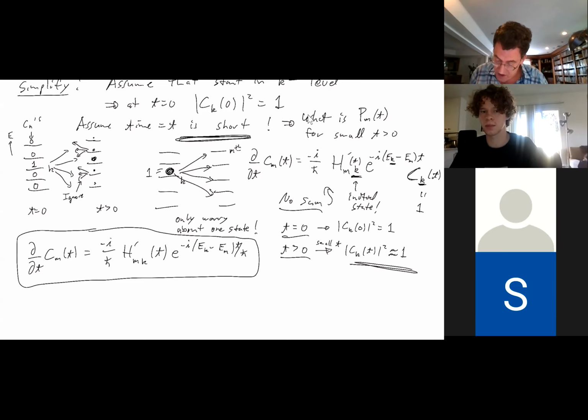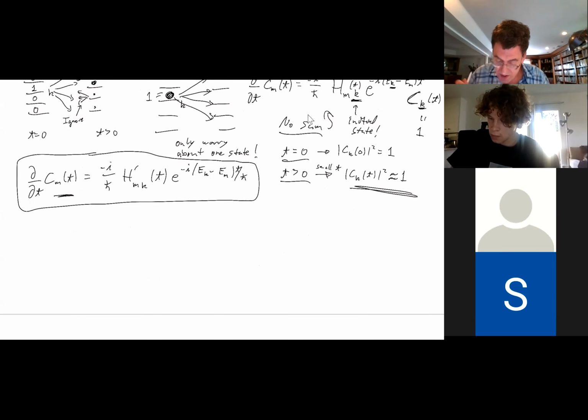So this is the rate of change of the green goo going into the arbitrary m state. And now what we can do is solve for what's happening. But actually, hold on one second.